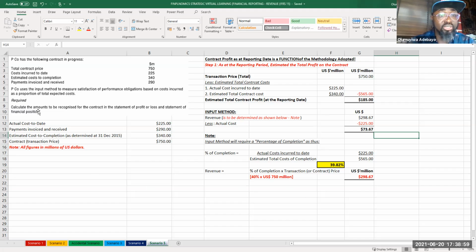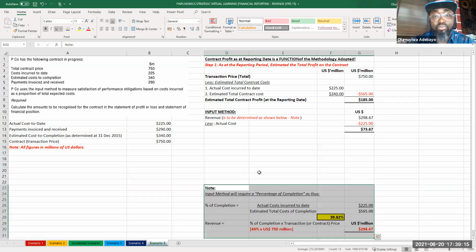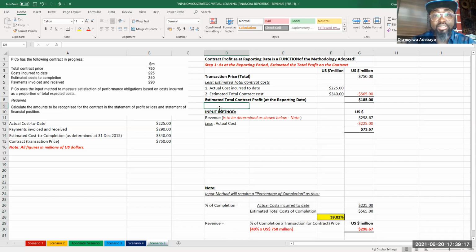We are told to do what? Calculate the amount to be recognized for the contract in your statement of profit or loss and your balance sheet. Now, this addresses our profit or loss. Let me bring the note down. This aspect deals with my statement of profit or loss, or my income statement, as an extract.